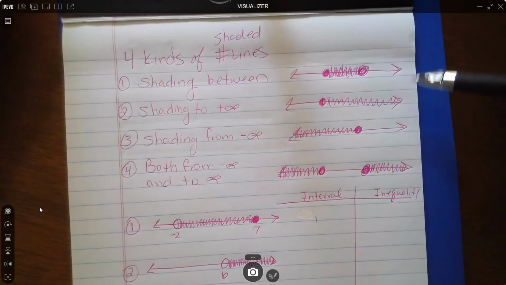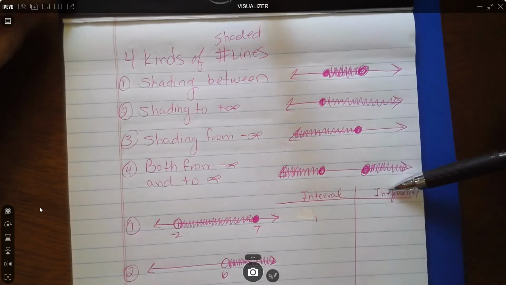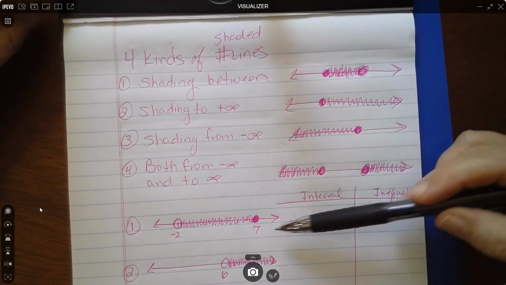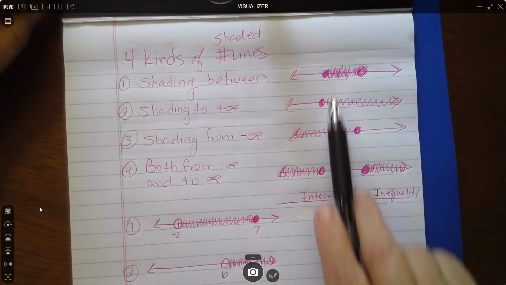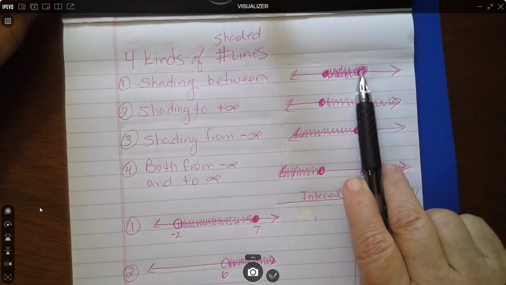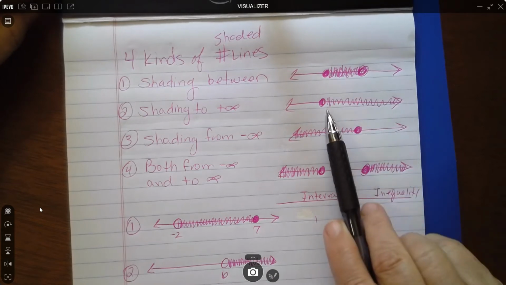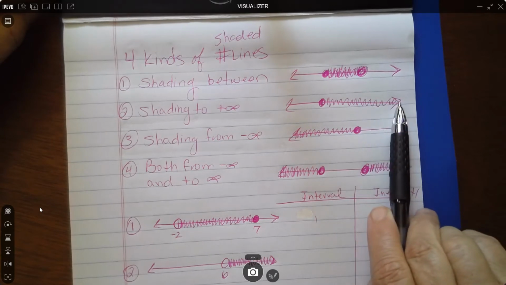Okay, we're going to review writing the interval and inequality notation for these graphs. There are only four kinds of graphs. The kind where you have a beginning and an end, and you've shaded in between. The kind where you have a beginning and it goes to infinity.